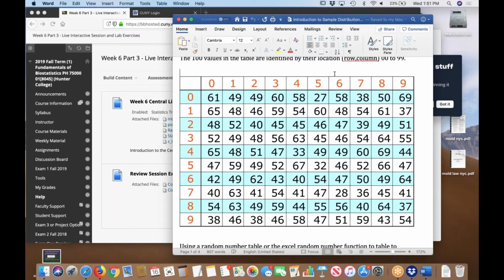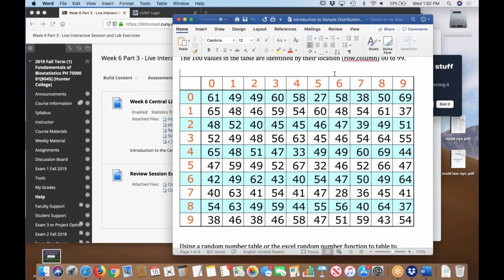Could be all the male graduate students in Hunter that are majoring in biology, right? So that could be a population as well. Could be males with diabetes from age 60 to 80, and so on and so forth. So population is how we define it.